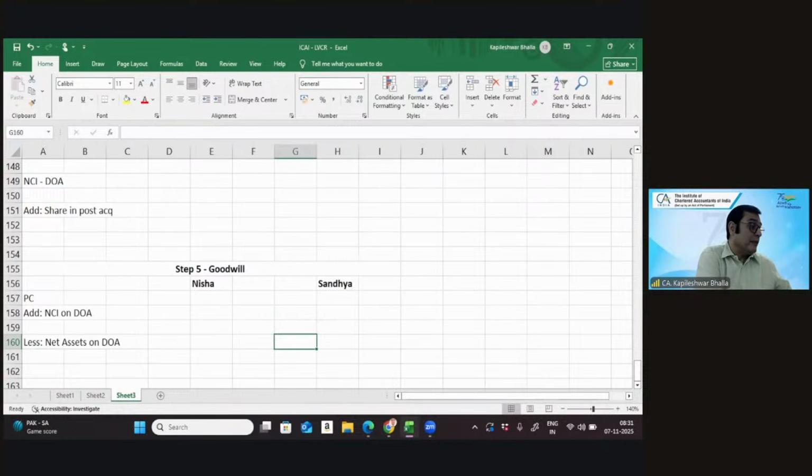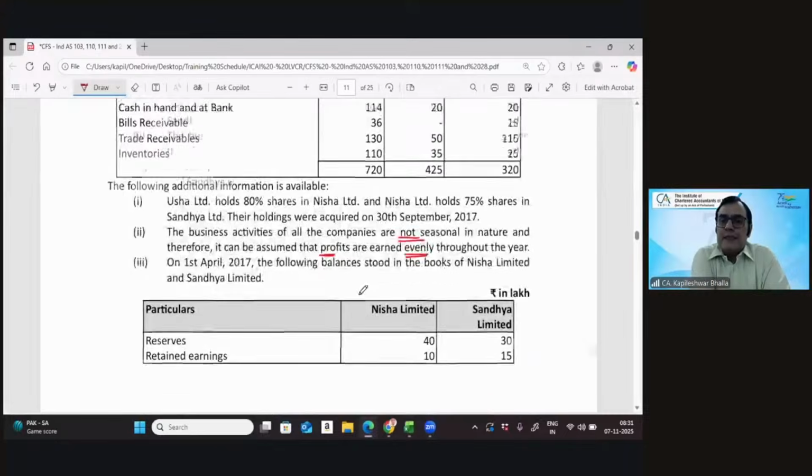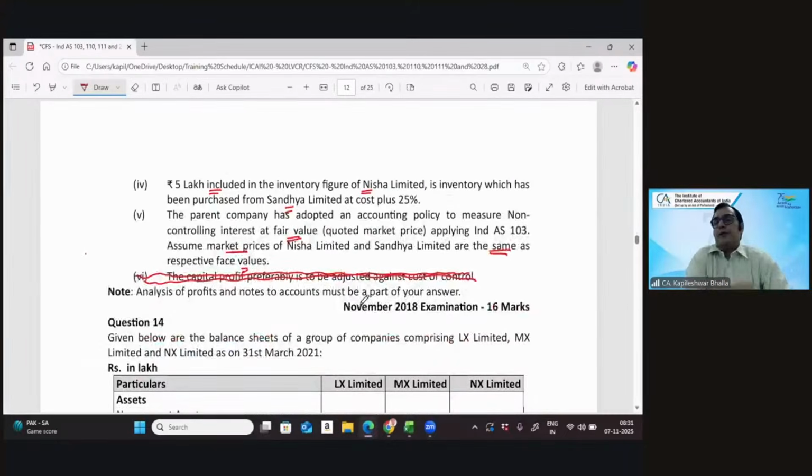Okay, now once we get the structure, we need to be careful and organize all this information. So now I'll put across the inputs to you, and you can help me with these calculations. Let's begin with the information in this particular case. First of all, let's go to the NCI. For the NCI, we are given something in the additional information.